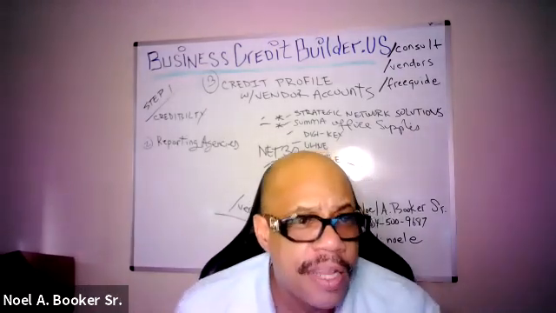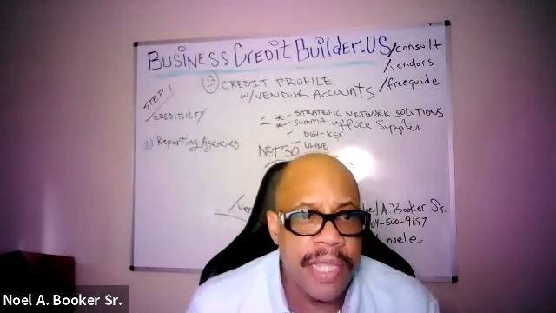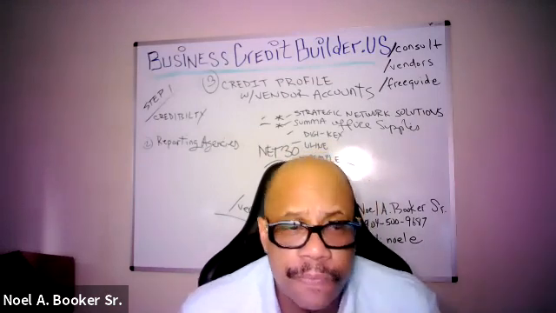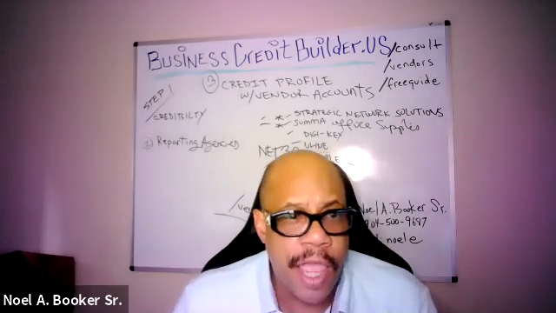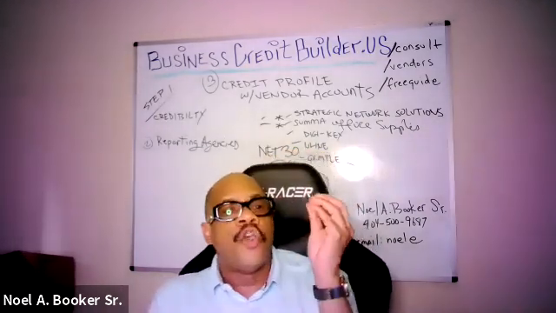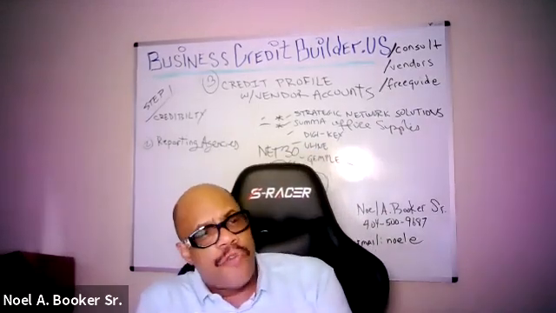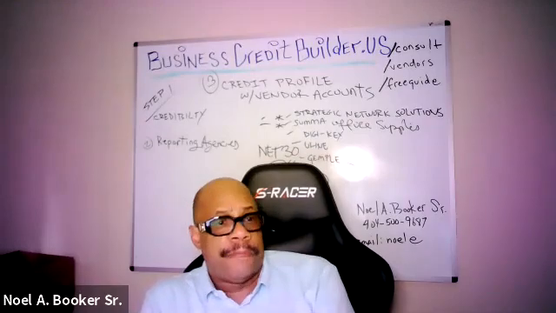Now we're going to find 5 net 30 accounts. Net 30 accounts means they're going to give you credit when you have no credit, and they're going to report. Some vendors will give you a net 30 account just because you have your local telephone number listed with the National 411 directory and an EIN number. Okay, some vendors will give you that account.